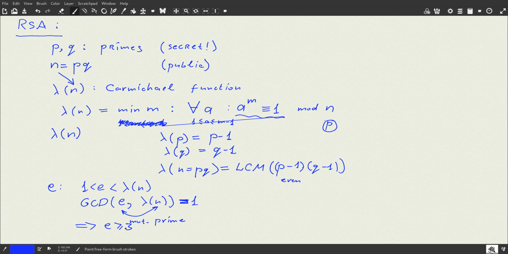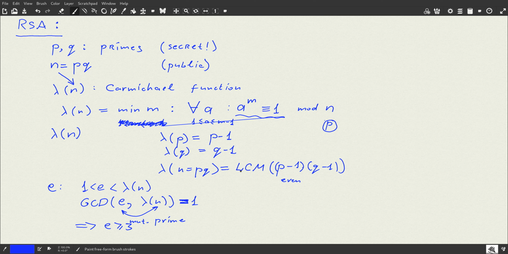It was found that using a very small number for E can lead to some difficult to explain, obscure, but nevertheless existing weaknesses in the algorithm. It is not, I would say, a principal disadvantage, but it's better to avoid very low numbers.